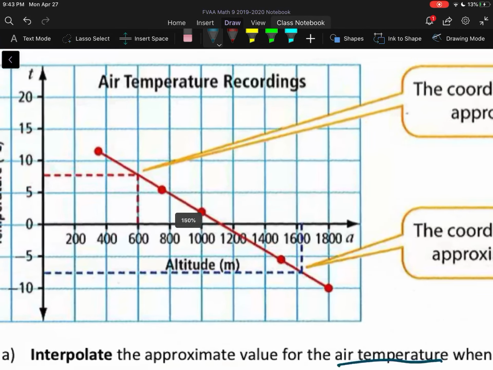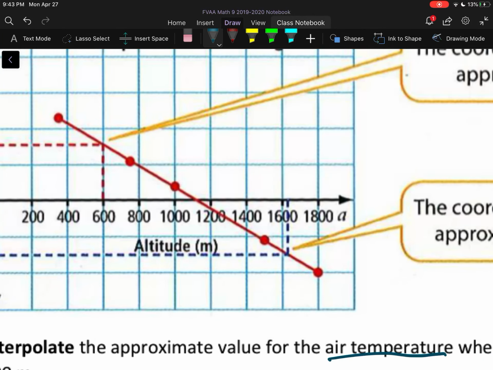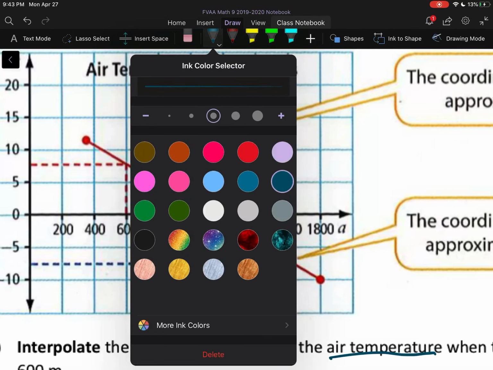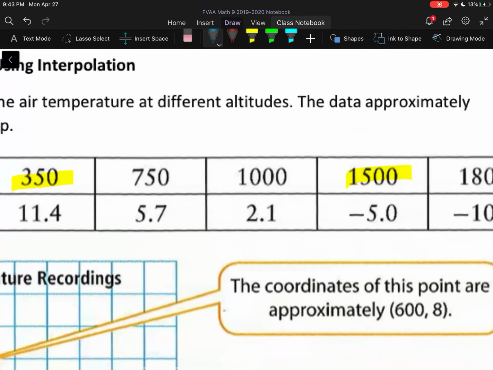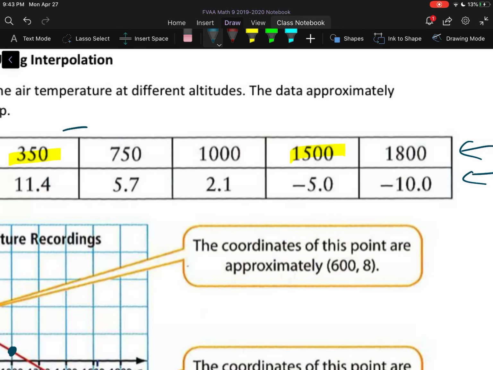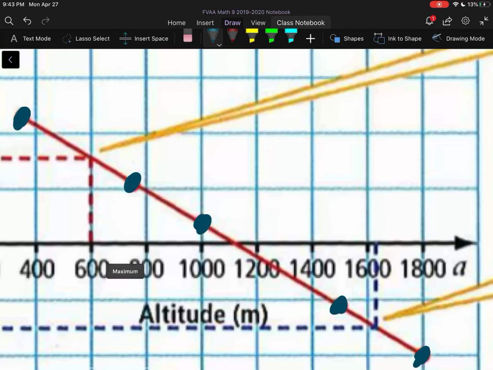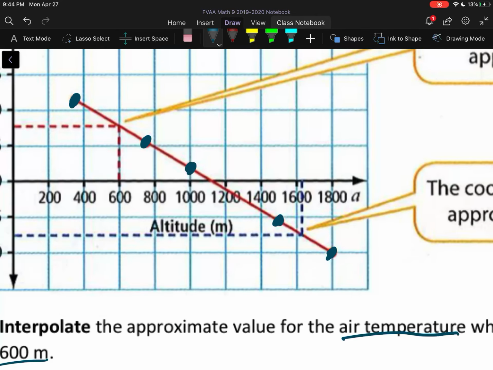Because here's the thing. This graph is very presumptuous in some ways. Here they're telling you, I have a data point here, here, here, here, and here, based on the table we have, right? We don't have any data between here and here, or here and here. We don't have data for like 800 meters. We don't know. But here, the artists were so bold to connect the dots with a solid line.